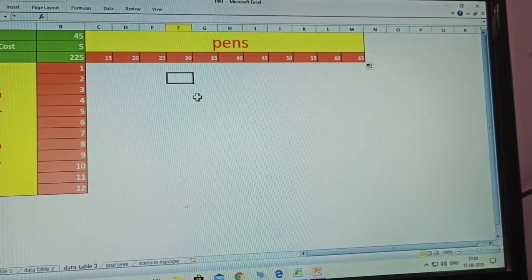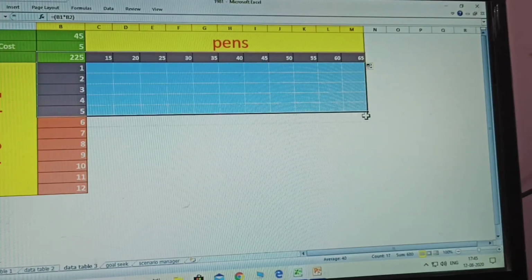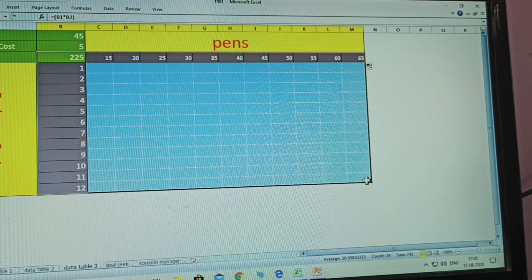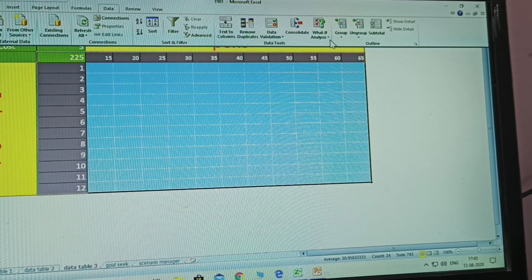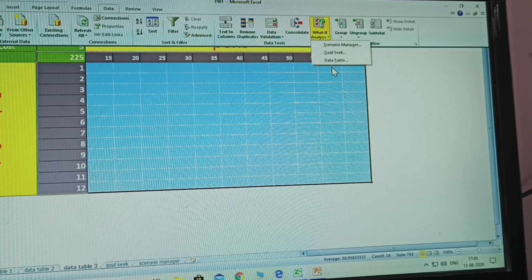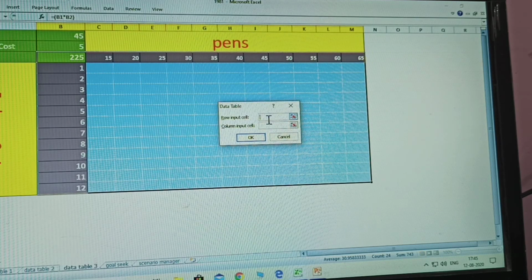Now, using the data table, how do we get the amount? First step, select everything correctly, vertically and horizontally. Don't select an extra one vertically or horizontally. Now it is selected. Second step, click the Data menu, click What-If Analysis, and click Data Table.